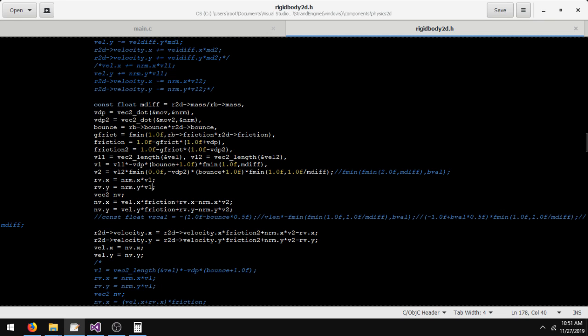So like instead of doing this mass scaling here, do it like right here. So right now I'm not optimizing this at all. I'm just writing this really bad code that has a whole bunch of repeated parts just to test and see if this even works.